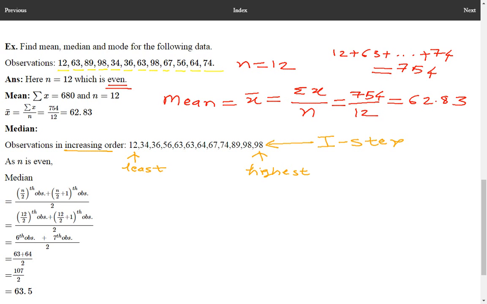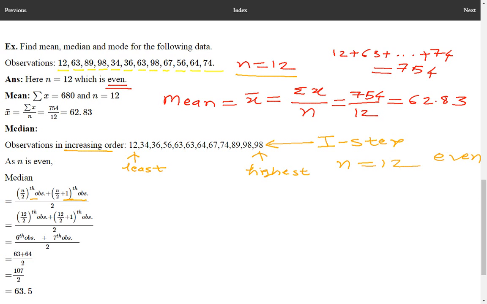So here there are 12 observations, so in this list also there must be 12 observations. 12 means it is even, so we cannot locate the middle value directly. We have to use this formula: (n by 2)th observation plus (n by 2 plus 1)th observation, divided by 2.